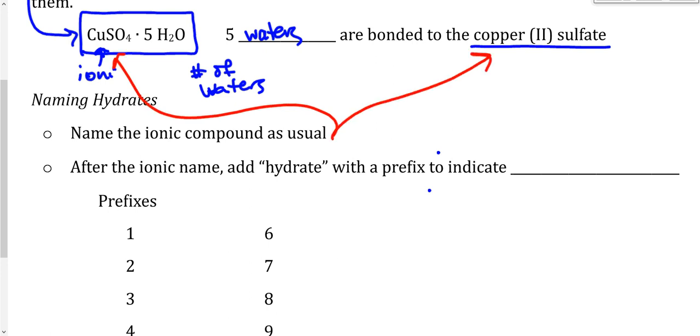Now the second part after the name, that's when we add hydrate and we use a prefix. Remember, a prefix is something that goes before a word, and this prefix indicates how many waters. So 1 water is H2O. It's just a number in front of that.